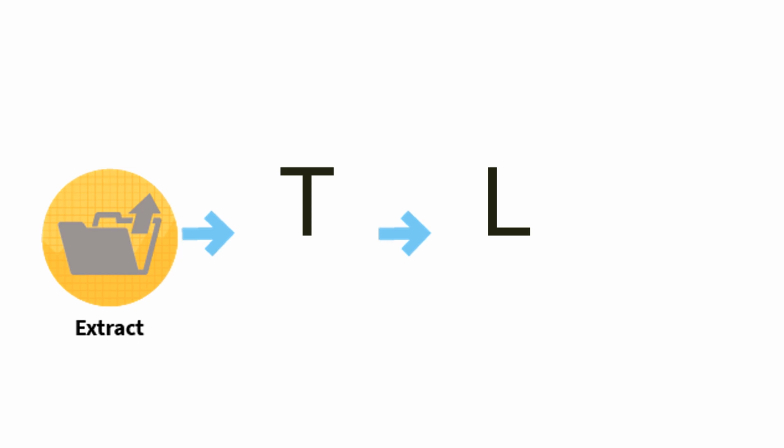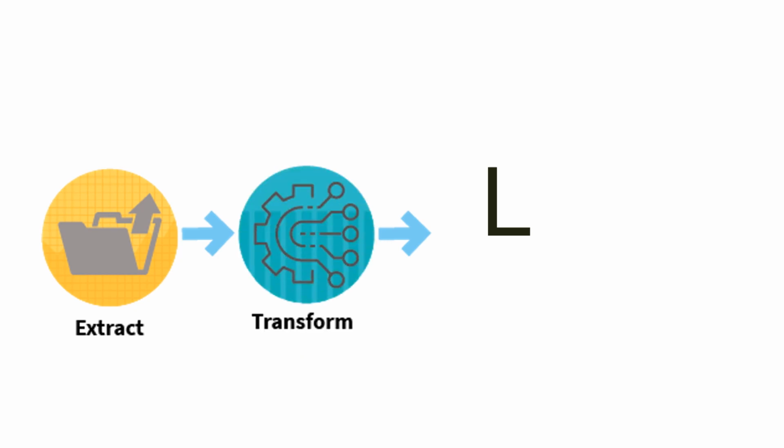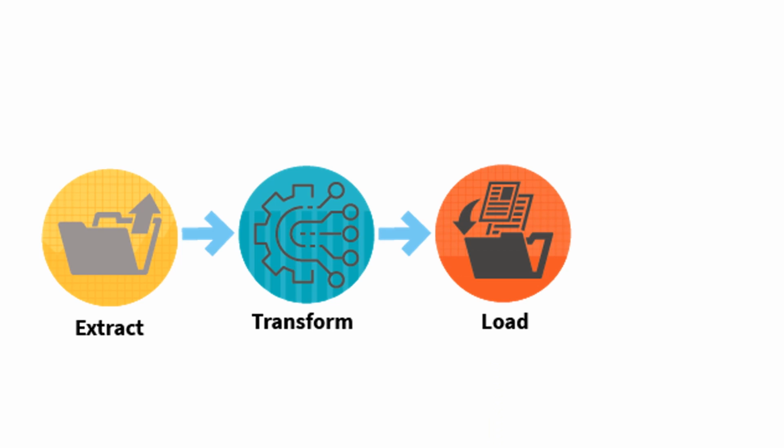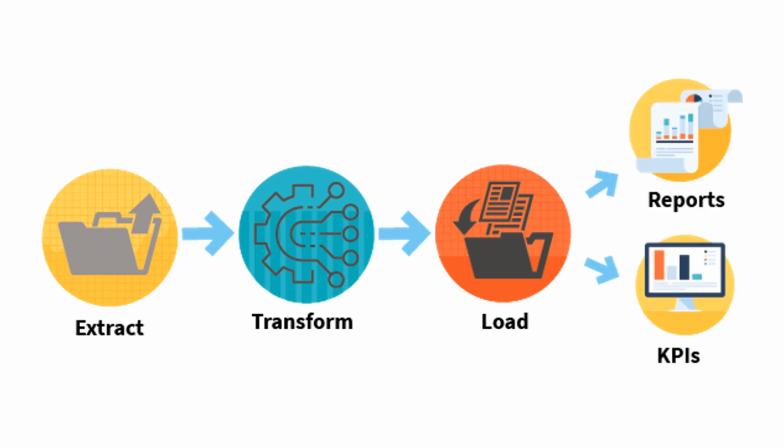To simplify those five stages of processing the data warehouse, we start by extracting the data from the operational database, then cleaning and transforming the data into the data warehouse model, and lastly loading this data into the database. Once loaded, we generate reports and send them to KPI systems for data analytics and so on.